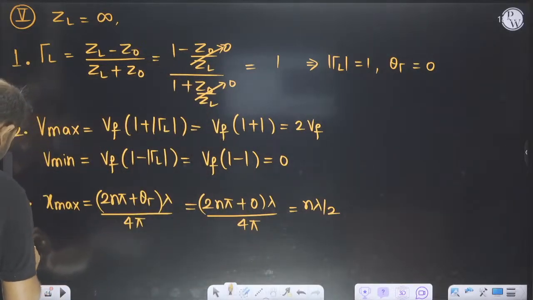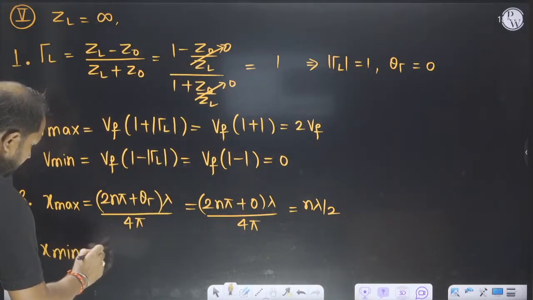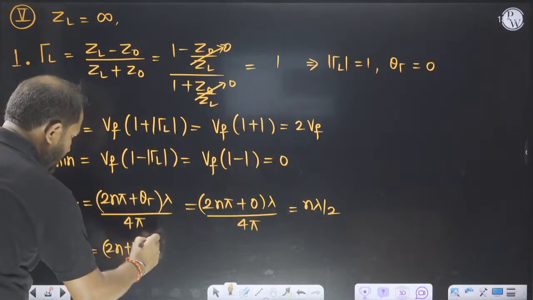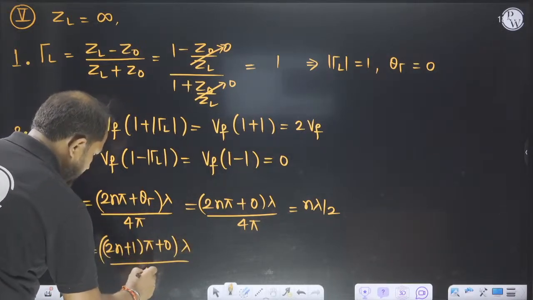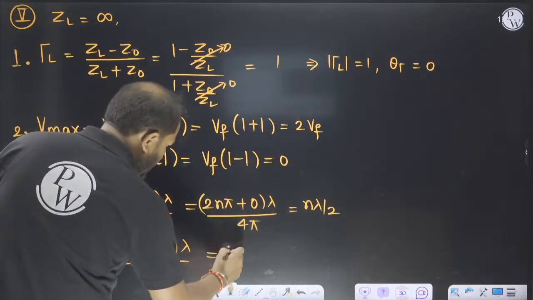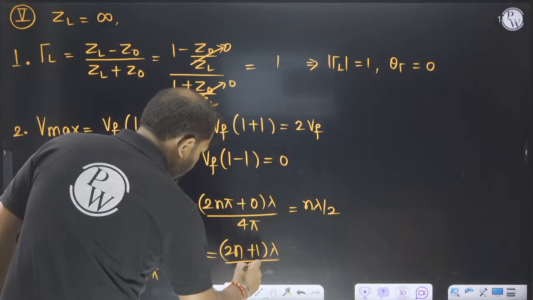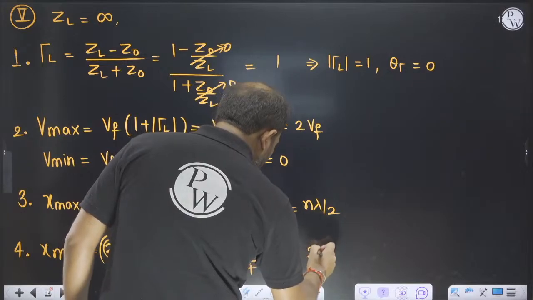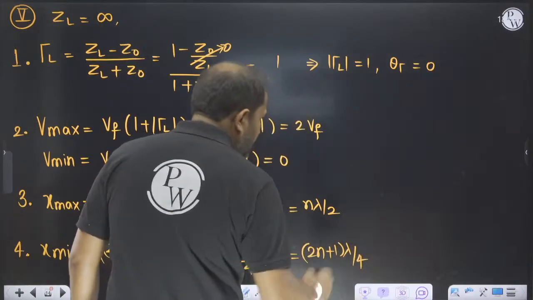And for x min, what is the value? So x minima, it is 2n plus 1 pi, theta gamma is 0, into lambda divided by 4 pi. So it will be odd multiple of lambda by 4.